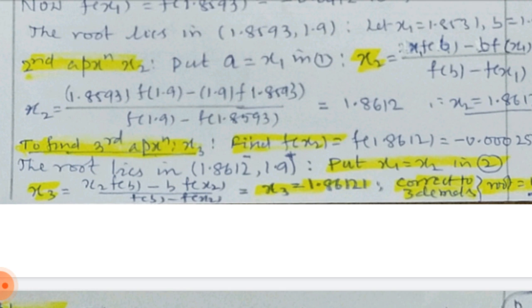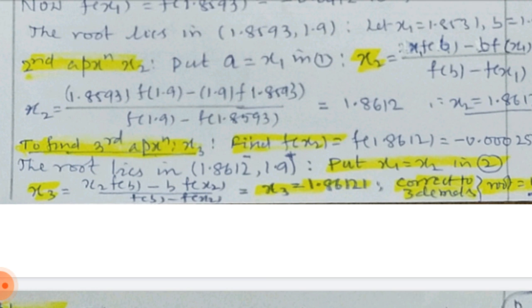Therefore these two have opposite signs. So the root lies between 1.8612 and 1.9.